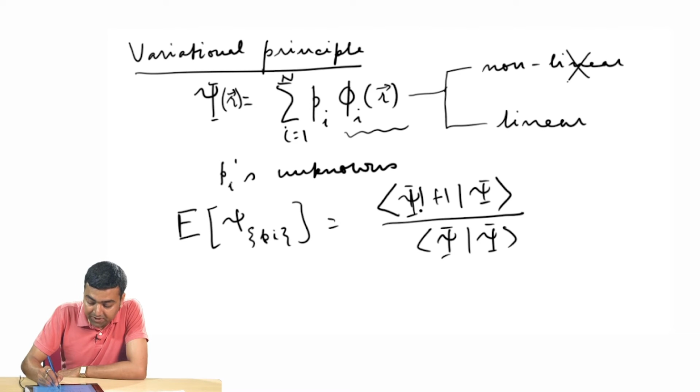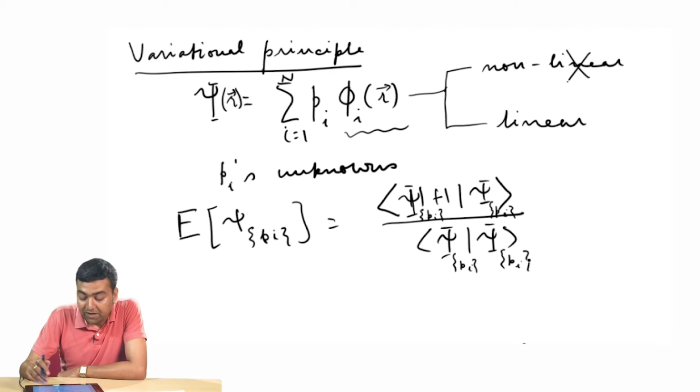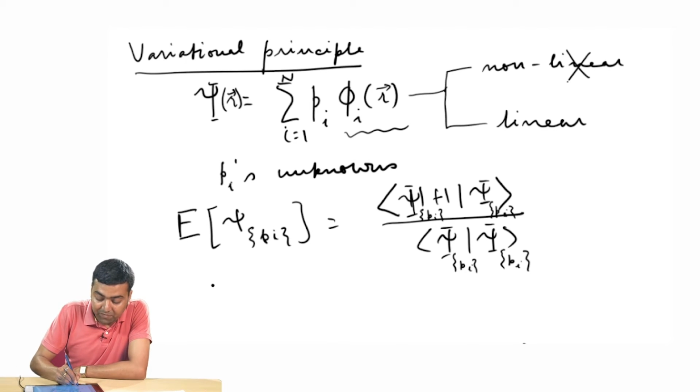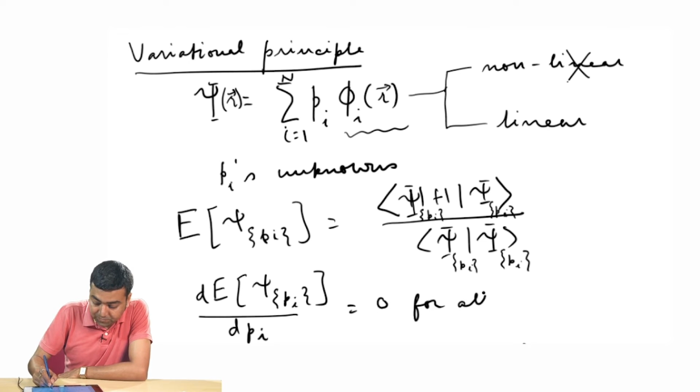Now, each of these psi's depends parametrically on p i, where the p i's are unknown. So, if I minimize this functional with respect to p i, what it mathematically means is that dE by d p i is equal to 0 for all p i.